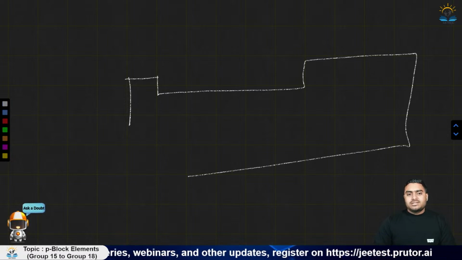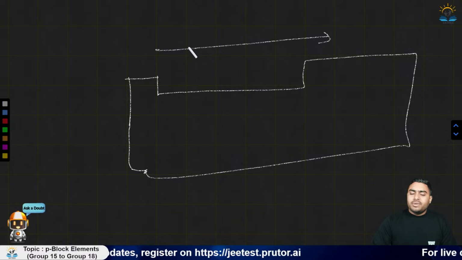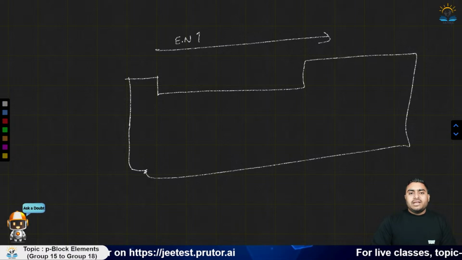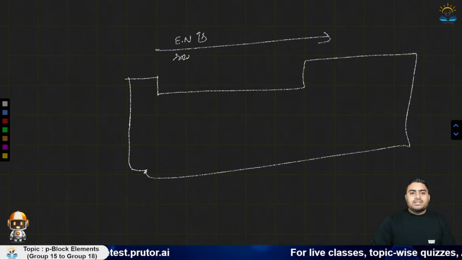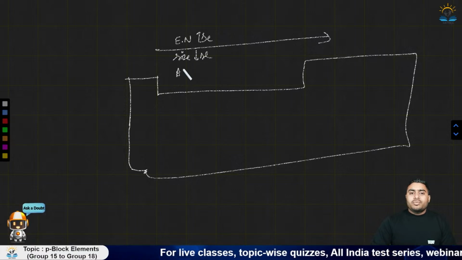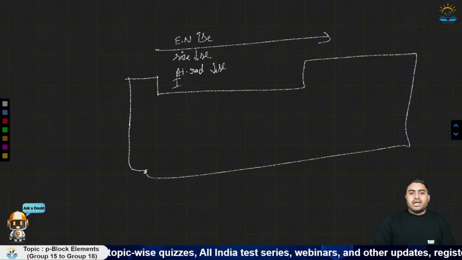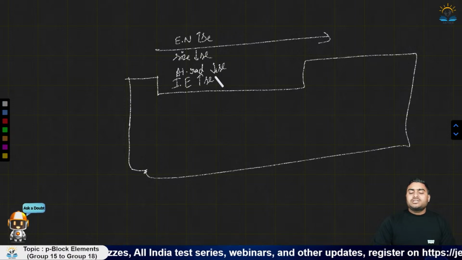You can see this is the periodic table. If you are moving left to right across a period, electronegativity will increase, size will decrease, atomic radius will decrease, and ionization energy will increase.